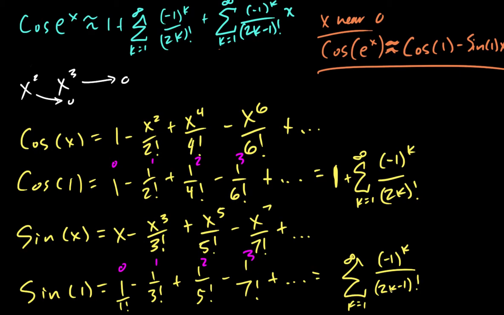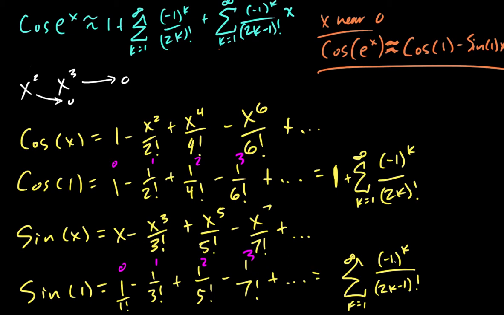Because if we plug in a 1, we're going to get 2 minus 1, which is 1 factorial, and that's right. Then we plug in a 2, we get 4 minus 1, which is 3 factorial, so that's the next one, and so on. That's going to work.